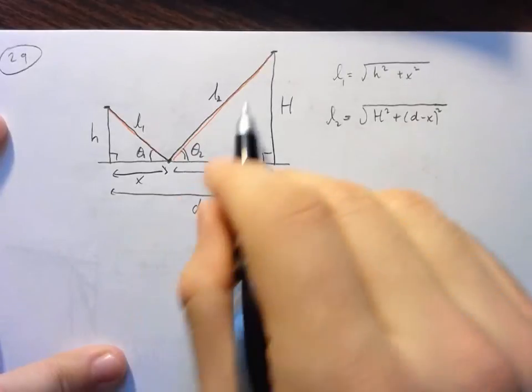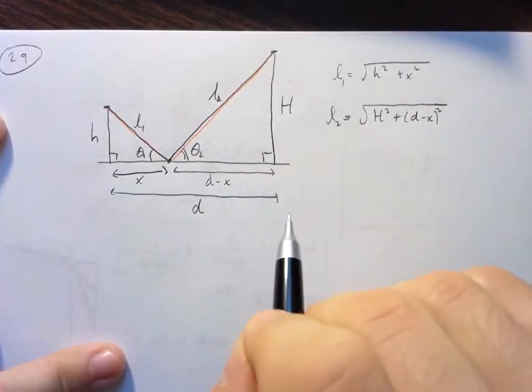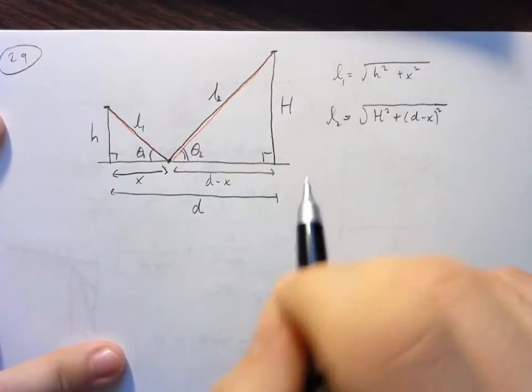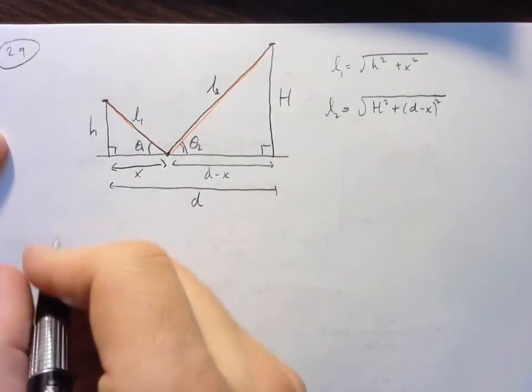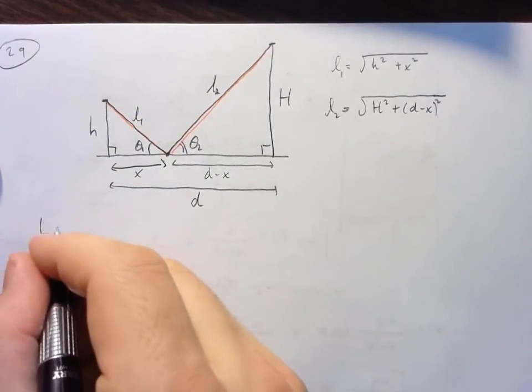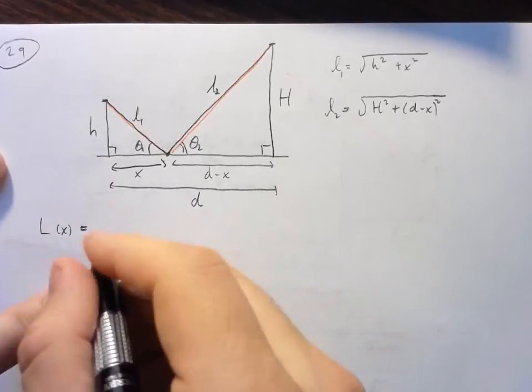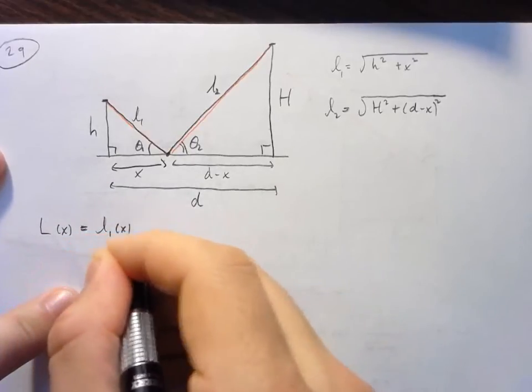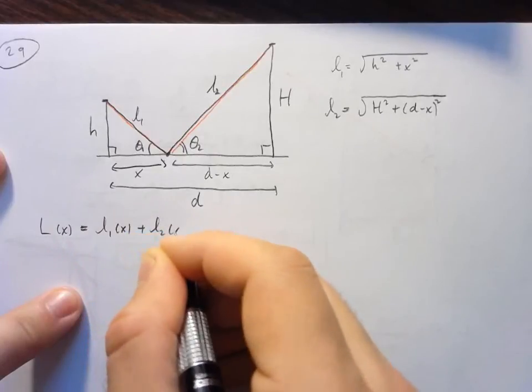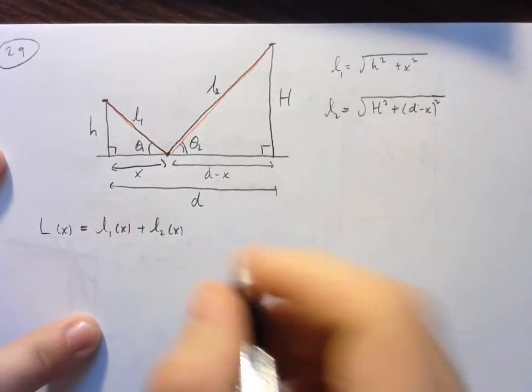Okay, that's just applying the Pythagorean theorem to these right triangles. So the thing that I'm interested in is the actual length of the string, which notice depends on x. So that's going to be L1 of x plus L2 of x, which is these two functions here.